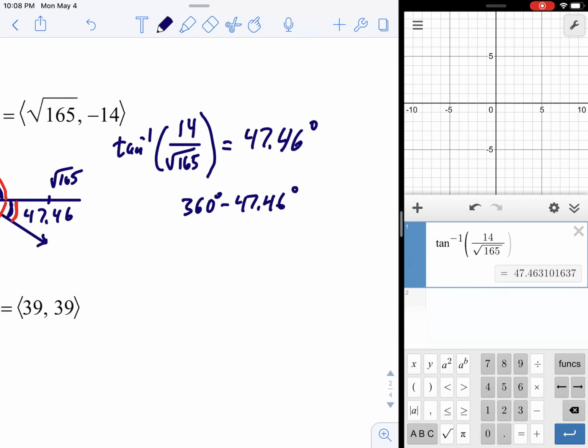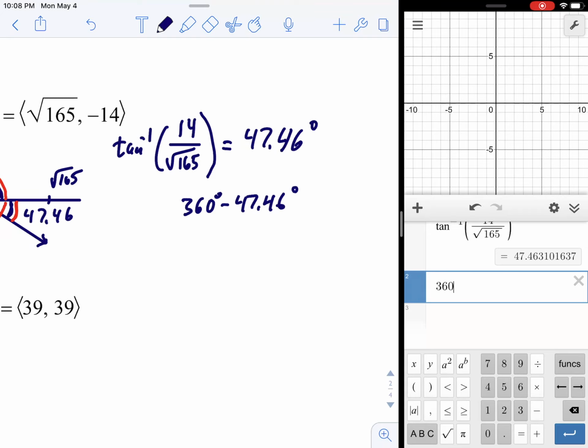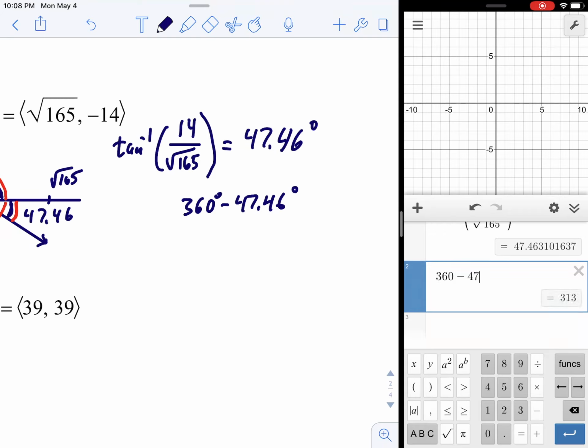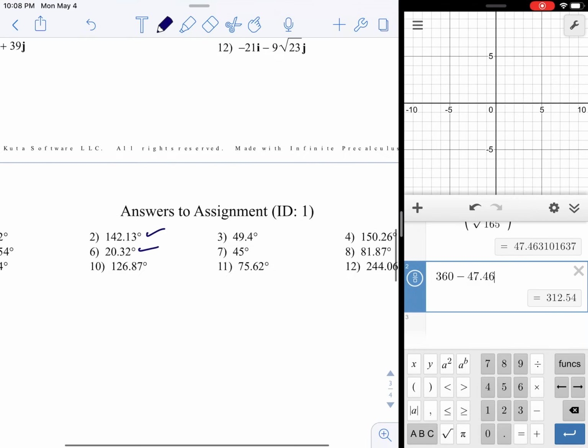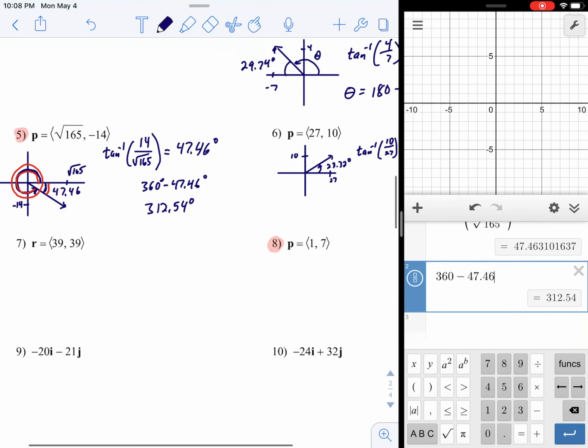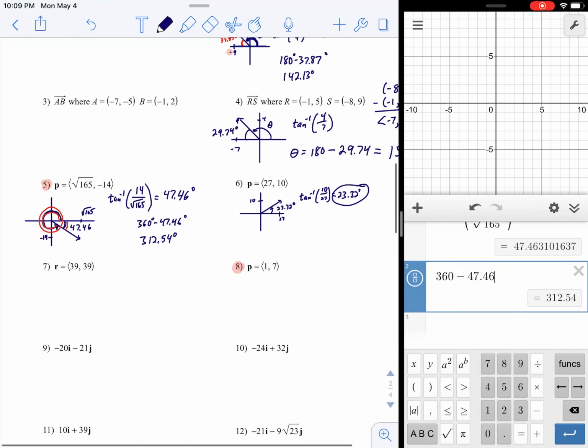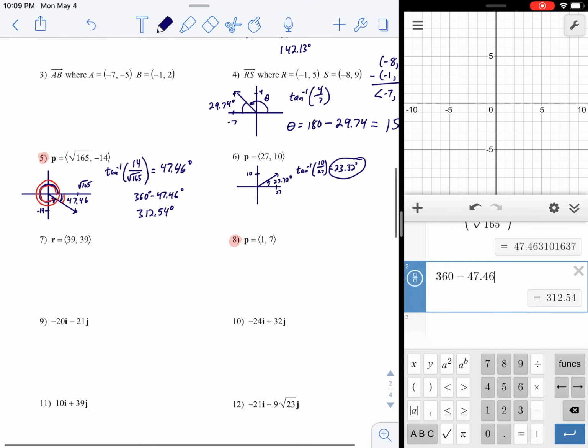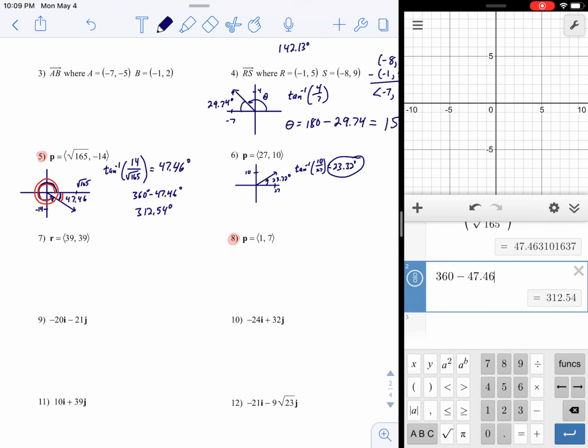Of course, those are all degrees. That gives 312.54 degrees. All right, let me check number 5, and there it is. Okay, so this is extremely similar to the trig that we have been doing, so I'm really hoping it doesn't give you too hard of a time.